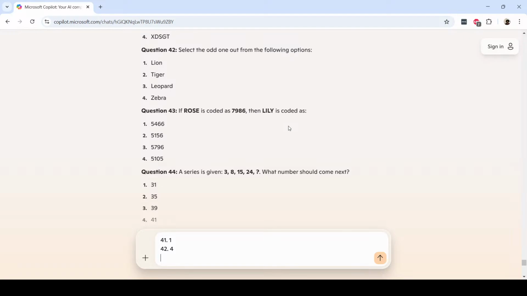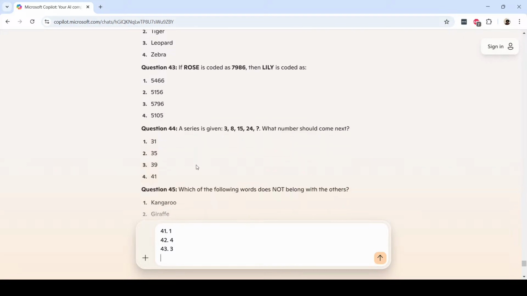So rose is 7. Okay. 9 is for O. No idea, right? But we have only one thing, L and L. So 5 and 5. That's the only option I have to solve this.